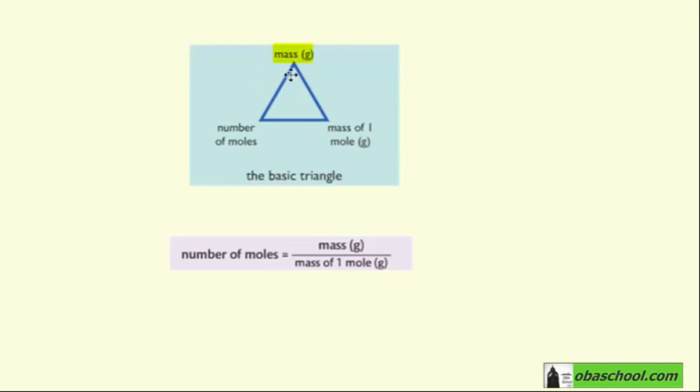At the apex, we have the mass. At the left, we have the number of moles. And at the right, we have the mass of 1 mole. This triangle should be memorized very well because it's very important and will help us a lot. The number of moles will give the mass divided by the mass of 1 mole.